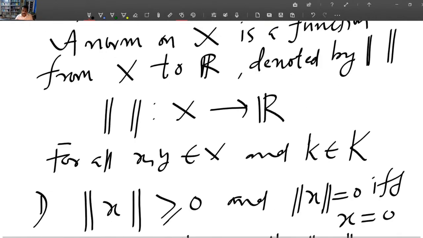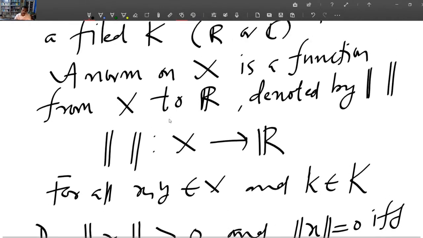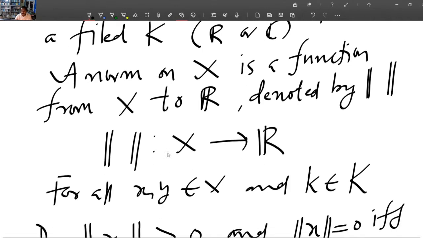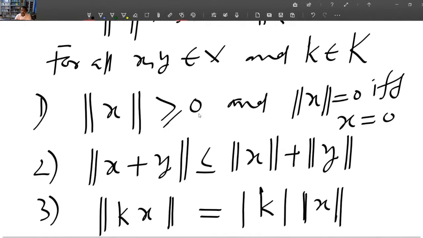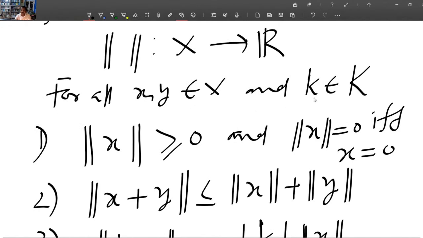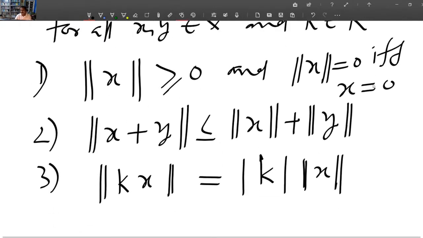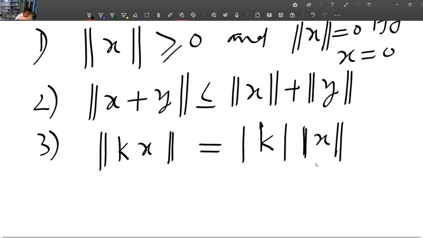So a norm on X is a function from X to R. If, for all x and y in X and k in K, it satisfies these three conditions, then we say that this function is a norm. And on a linear space, if you are able to define a norm on it, then that space is called a normed space.